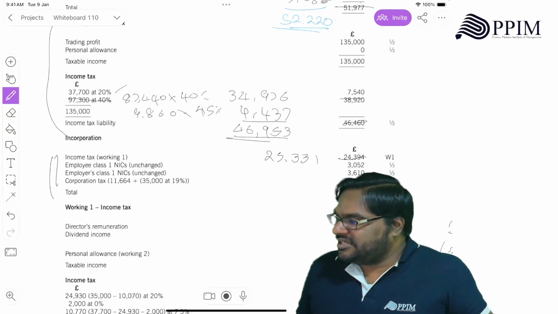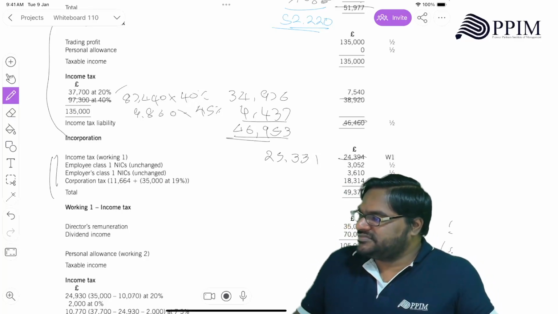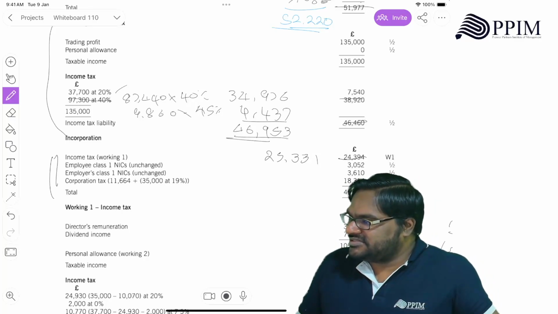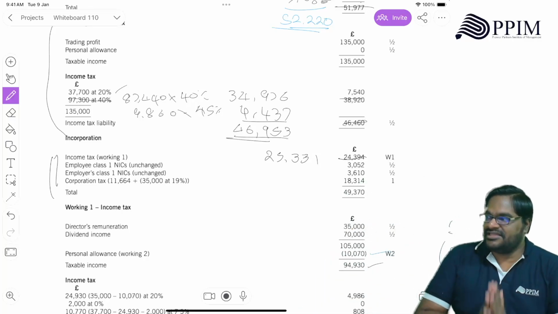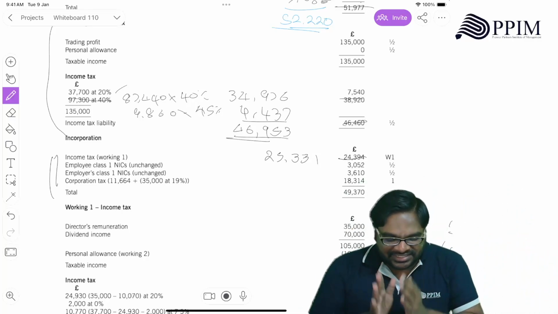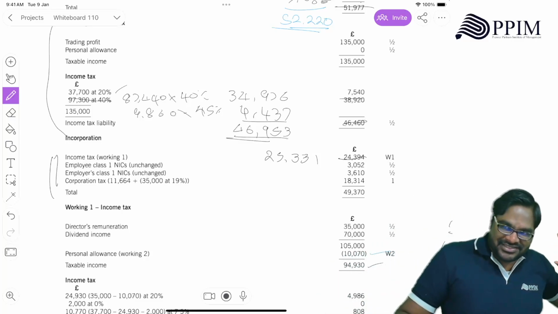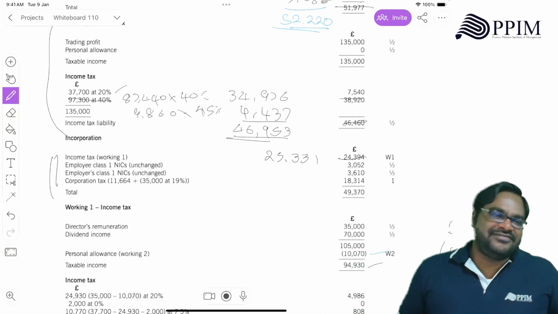Right. So I got a question: Class 1 employer plus salary minus liability. No, the 5,000 annual allowance, don't deduct. This I repeatedly said. The 5,000 annual allowance is for when they ask a question in your section A or B about the annual allowance.